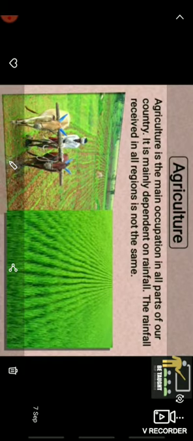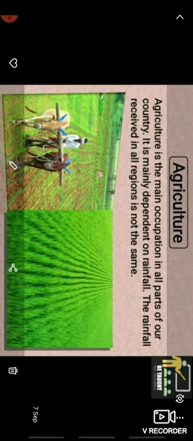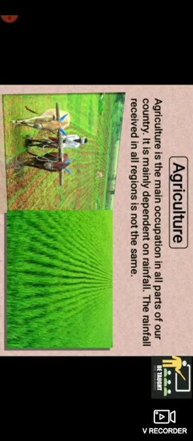Okay, now next we have seen a little bit about agriculture. We all know about agriculture. Some people are doing pharmacy. So agriculture is the main occupation. Occupation means, if someone is a doctor, that will be his or her occupation.